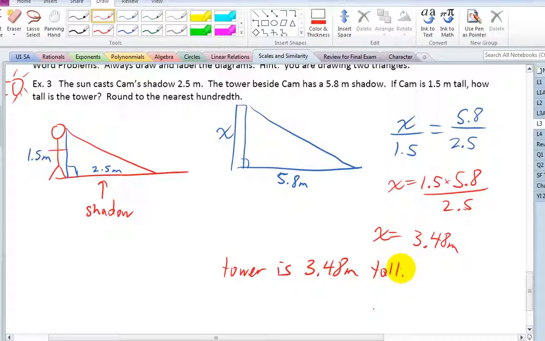We need to do a short little sentence. Tower is 3.48 meters tall.